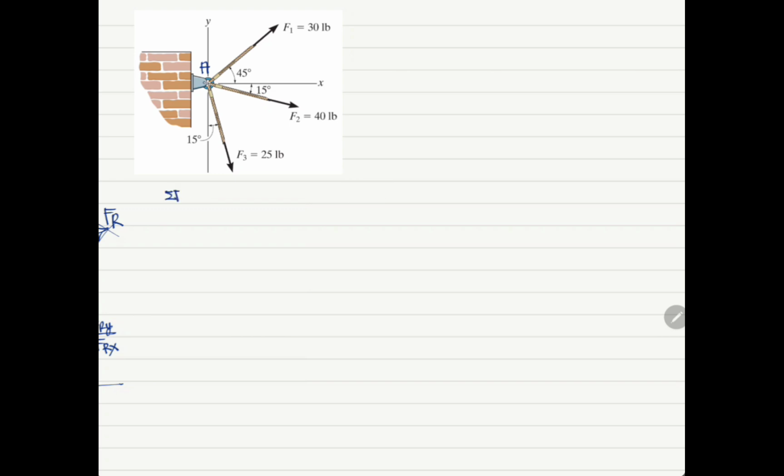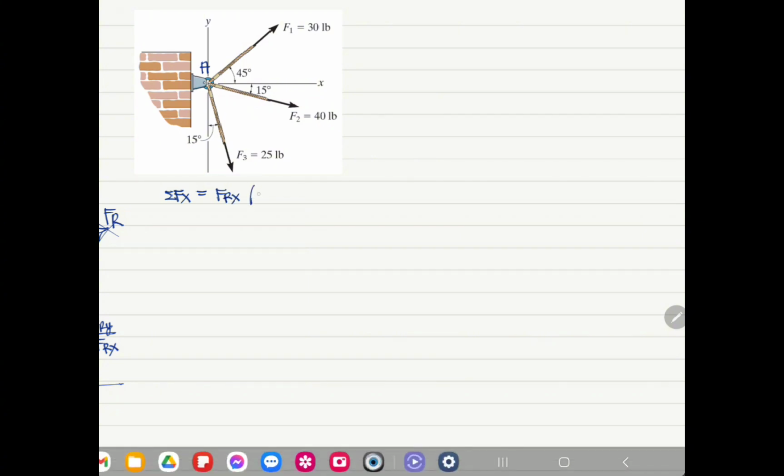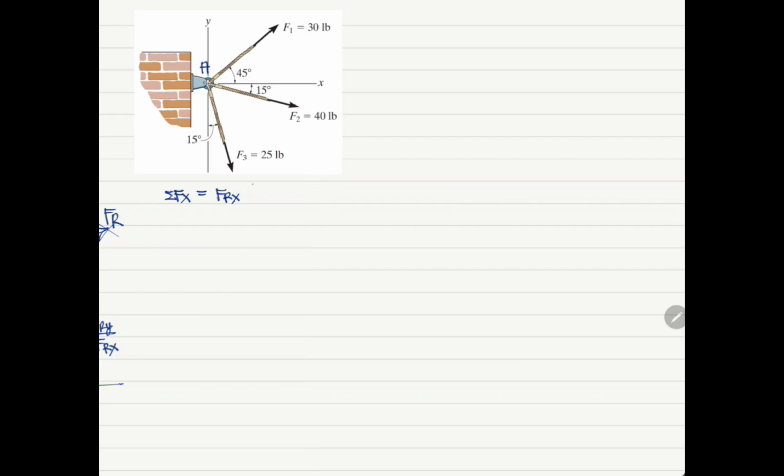Summation of forces along the horizontal is equal to FRx, or simply Rx, the horizontal component of the resultant. Let's assume all forces to the right are positive. So we get the horizontal components of F1, F2, and F3 first, and check their direction. All are directed to the right.